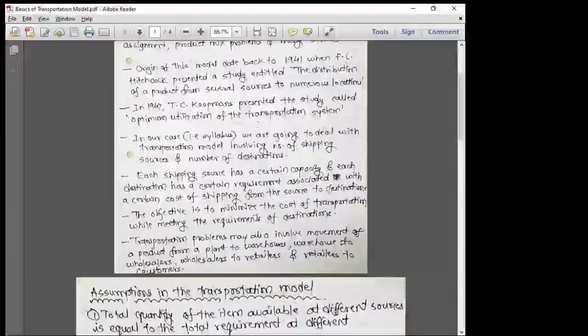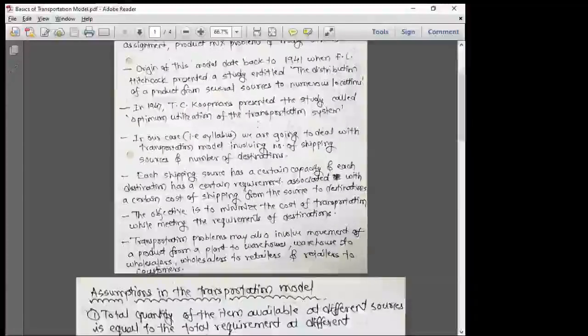So what will happen if I have to ship a particular product from one factory to a certain destination? It will again involve some cost, right? A certain cost of shipping from a source to a destination is associated with that product. So here we have tried to model this in a realistic format.